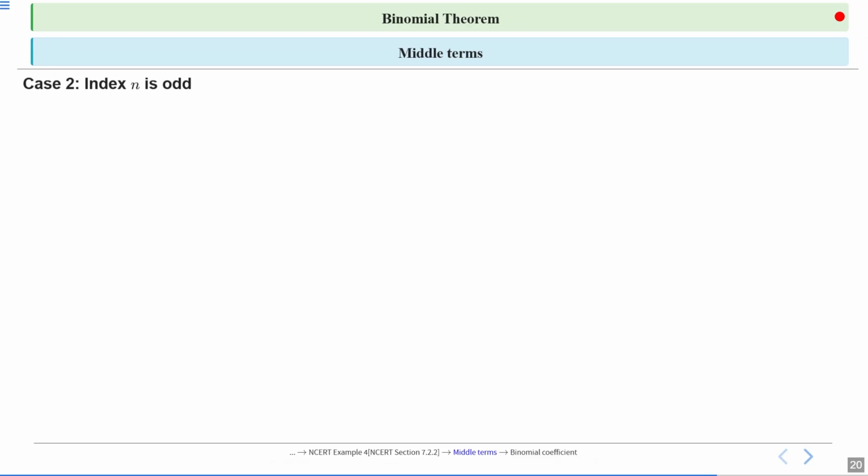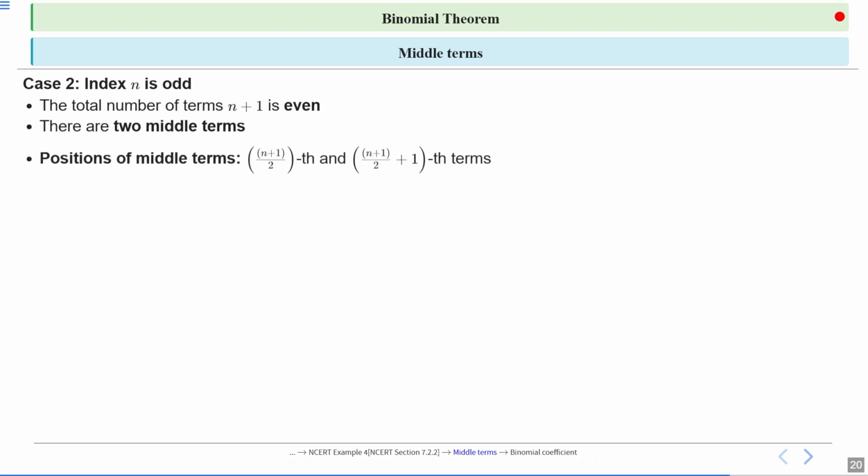Now we are focusing on case 2, where the index n is odd. The total number of terms, n + 1, in this case is even. There are two middle terms in this case. The positions of the middle terms are the (n + 1)/2 term and the ((n + 1)/2 + 1) term.